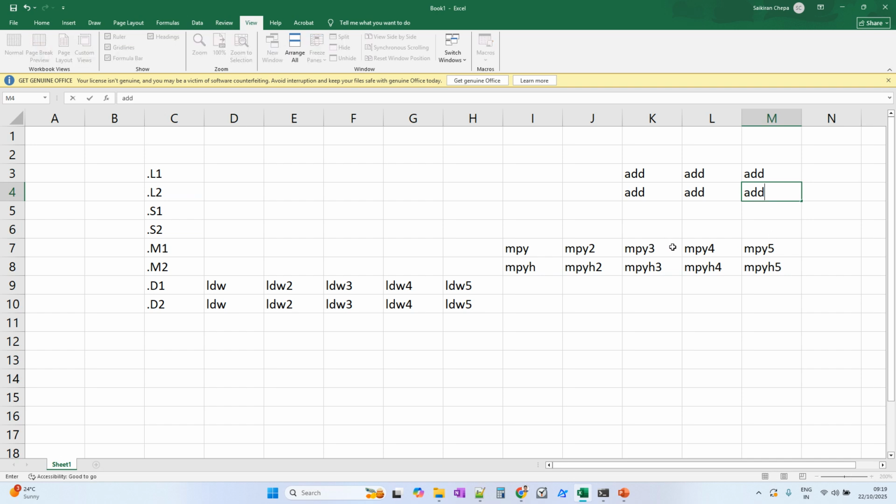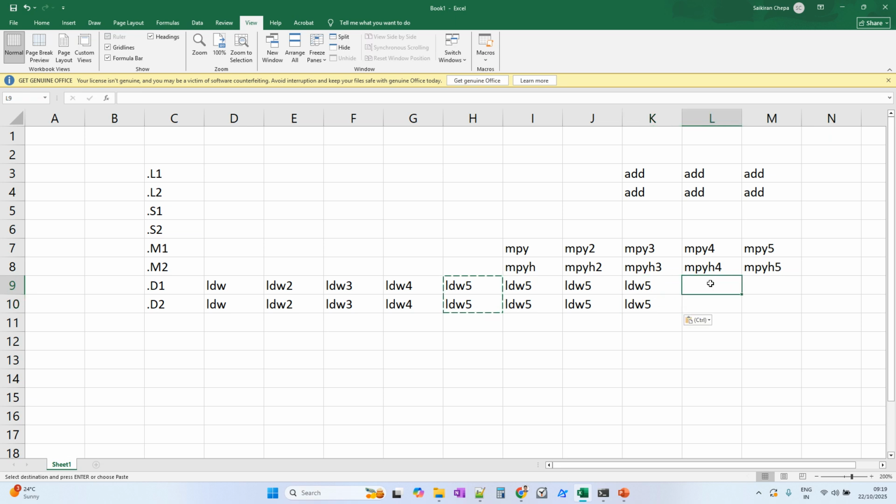So that's the idea. Now we have to branch. If you see here, we can copy these two things here, here, here, here.